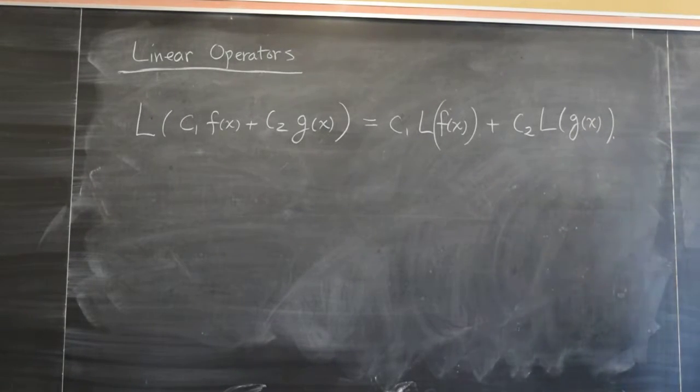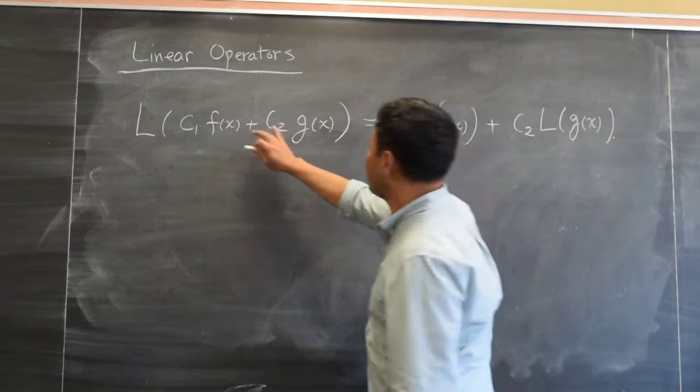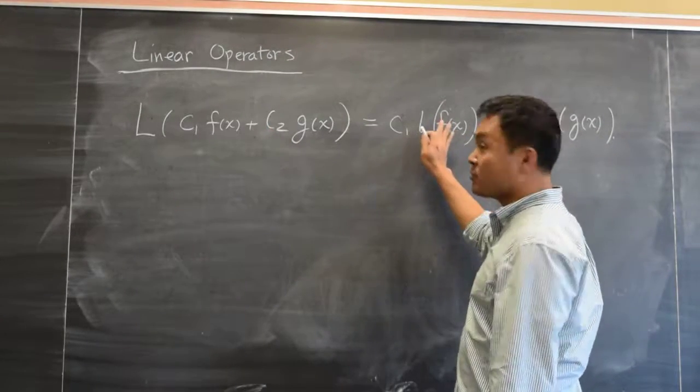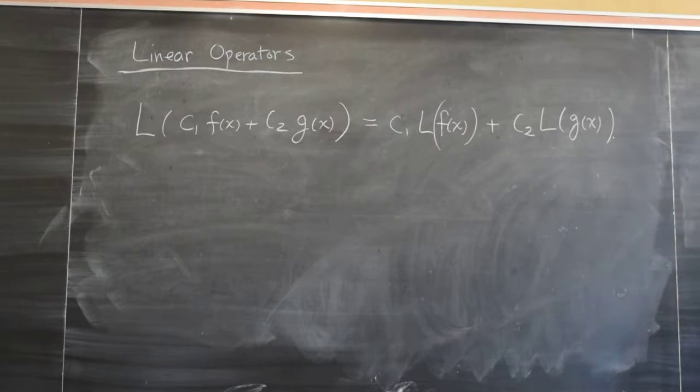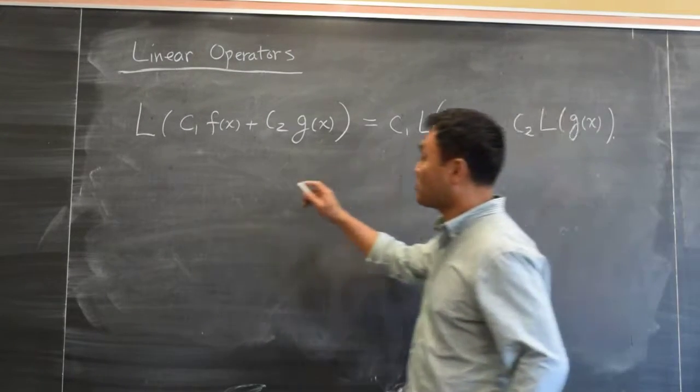If summations can be split, and also if the constants can come out, you call such an operator a linear operator. So you call this property linear.